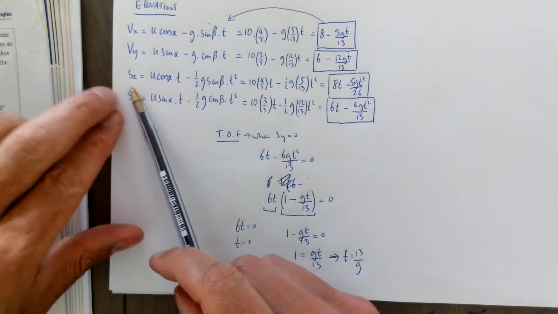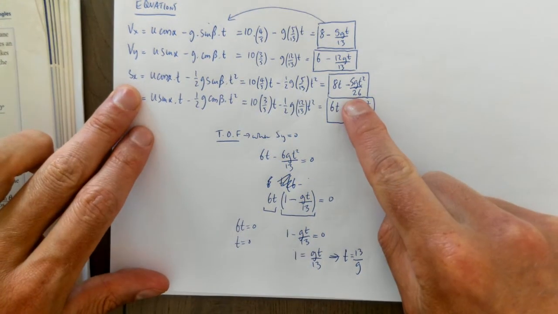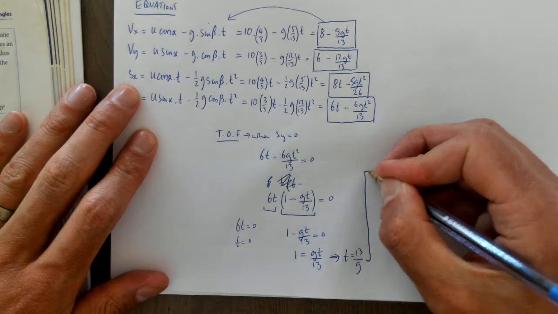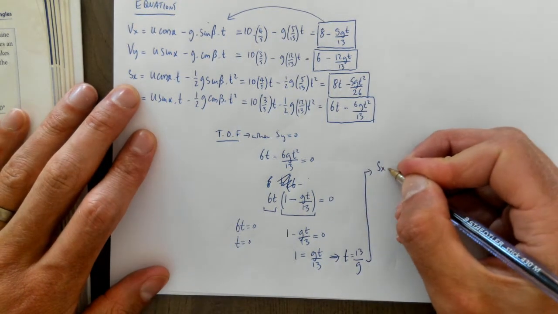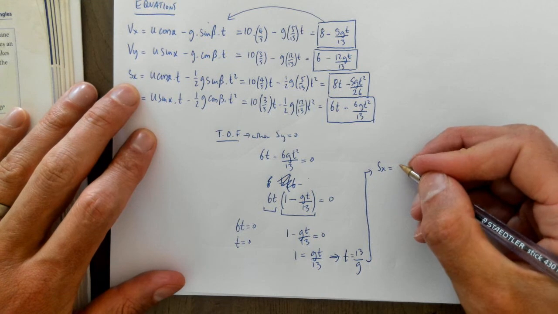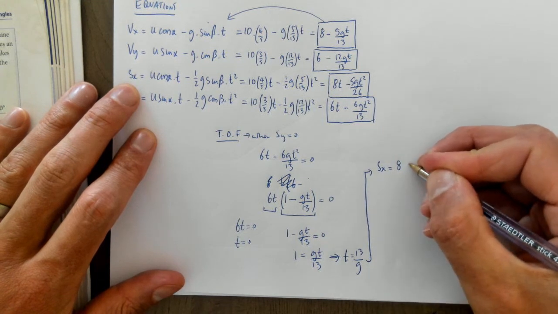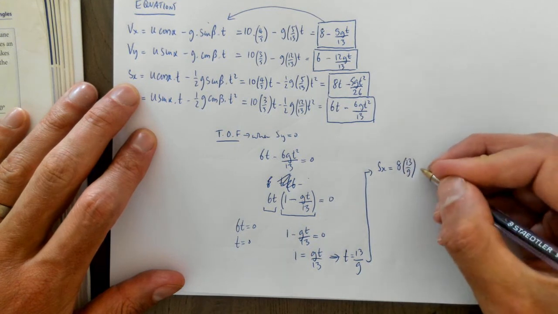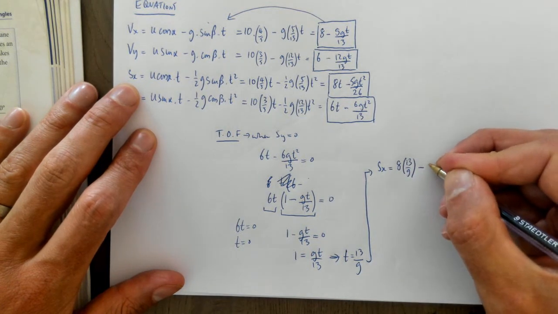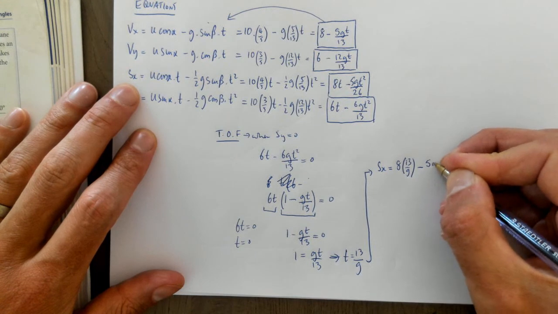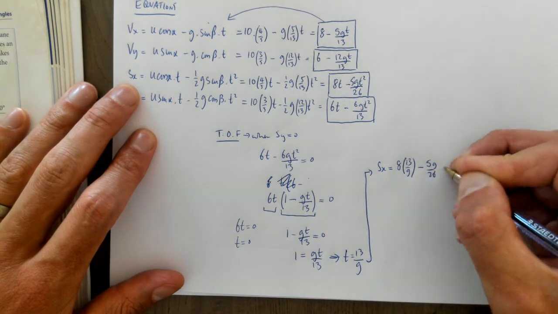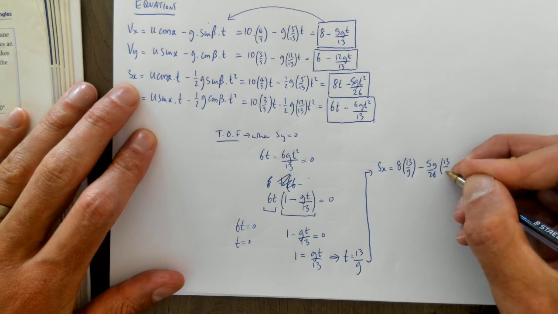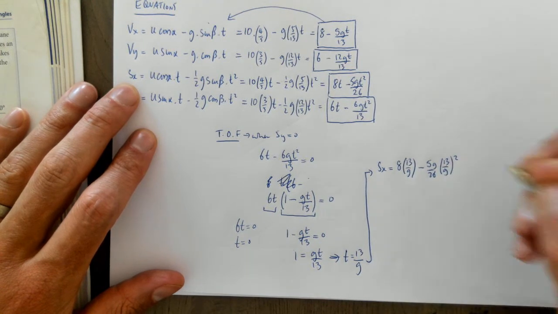So we want to find the range. This is sx, right? So just carefully we'll do this now. Sx, which is the range, is 8 times t, which we know now is 13 over g, minus 5g over 26 times 13 over g all squared.